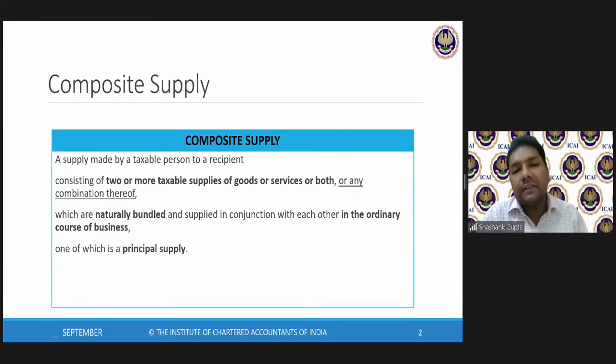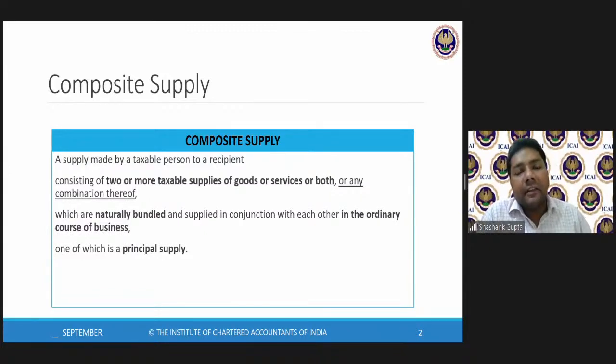This is just for your understanding. And as a corollary, and to emphasize, what you can also notice is that supply includes sale, transfer, barter, exchange, disposal, license, lease. All these kinds of transactions have been holistically included within the domain of supply.